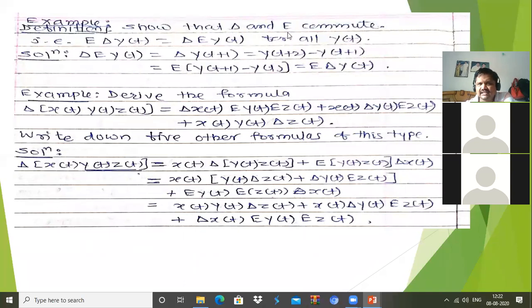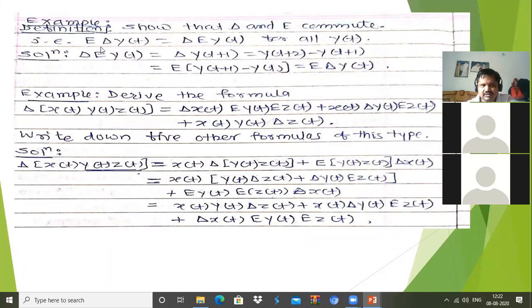Now if these are operators, that is functions, then what happens with functions? It is composition of functions. That means you have to show that E into delta operating on yt is the same as delta into E operating on yt for all yt. This is called the commutative property.